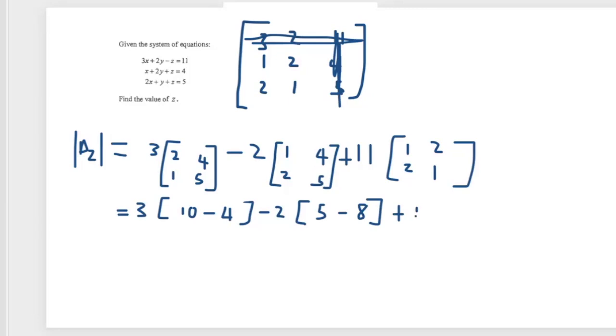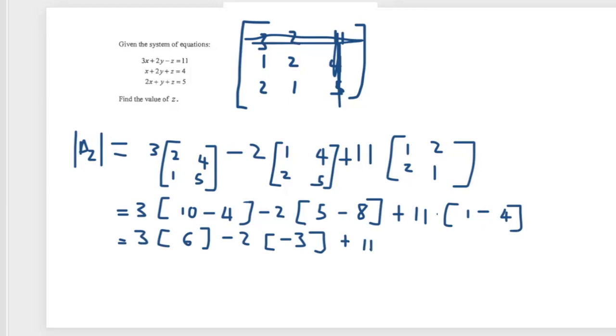Then we have plus 11. Then we have 1 times 1 is 1, minus 2 times 2 is 4. So therefore we have 3, 10 minus 4 is 6, minus 2, 5 minus 8, that's negative 3, plus 11, and 1 minus 4, that's minus 3.